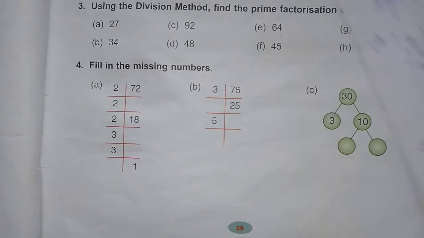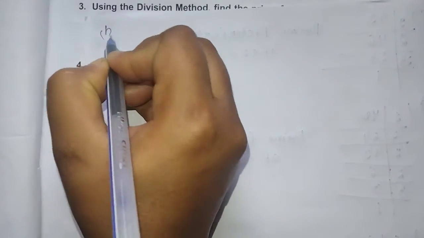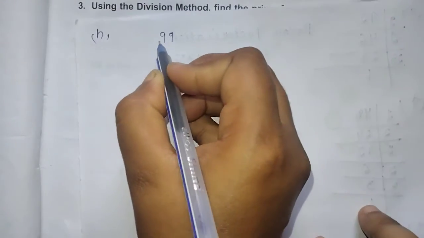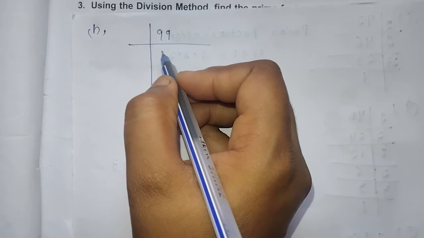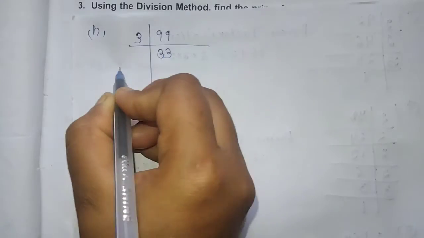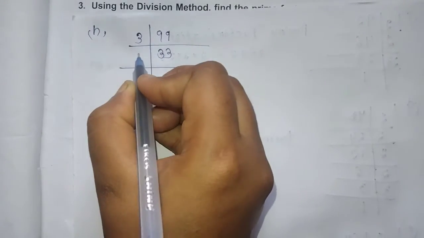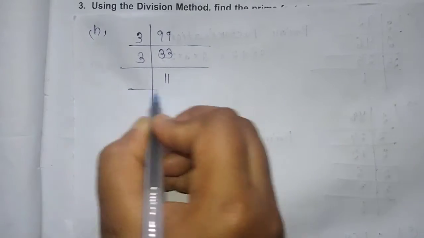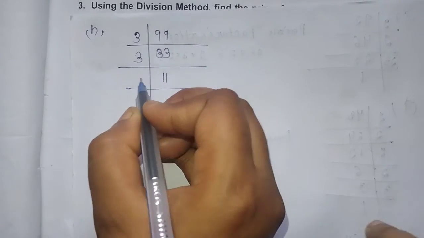Then H, 99. First divide 99 by the prime number 3. 3 3s are 9, 3 3s are 9, 33. Then we divide 33 by the prime number 3, 11. Then we divide 11 by the prime number 11.